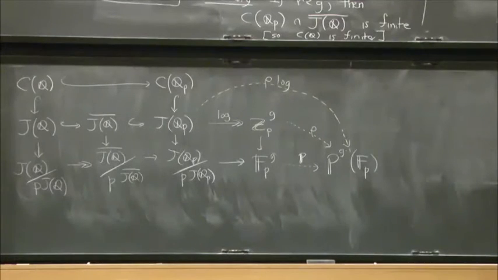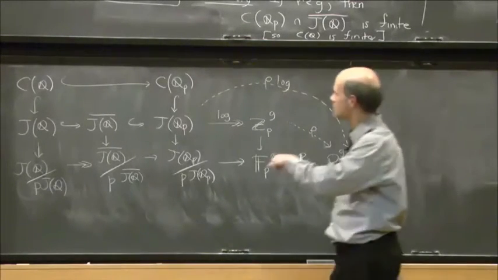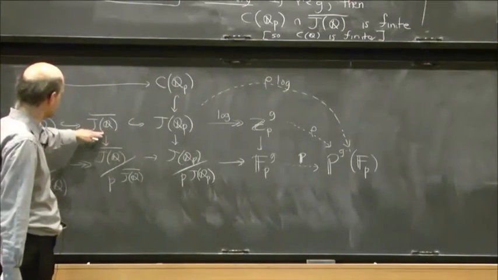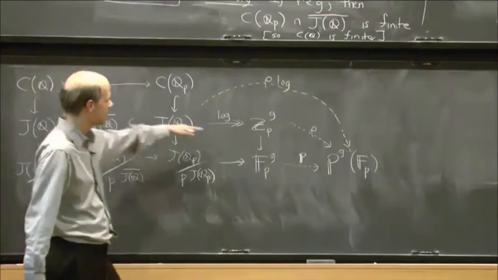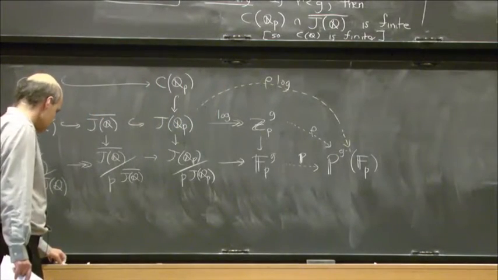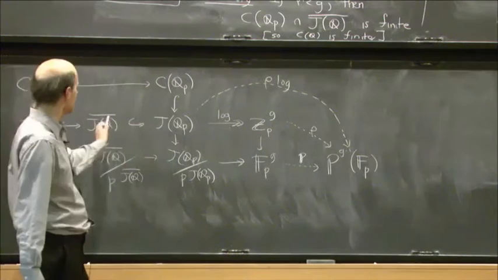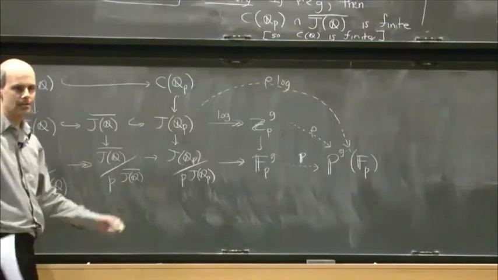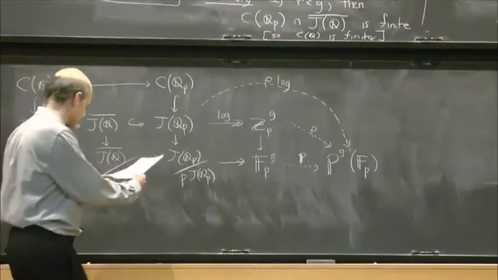And OK, so now how are we going to control the image? As I said, what we're going to do is control the image of the Mordell-Weil group in here. And in order to do that, we need some sort of bound on the Mordell-Weil group. And really, the only way to get bounds on Mordell-Weil groups is to use Selmer groups. So that's what we'll use.